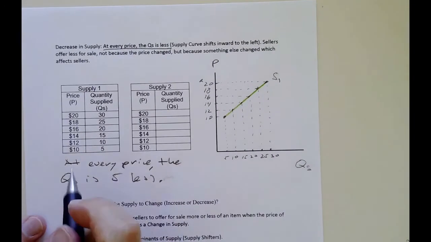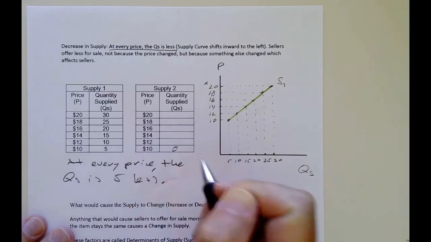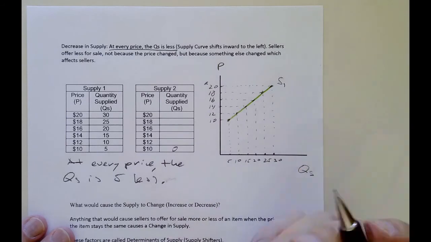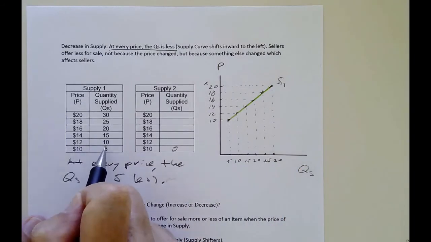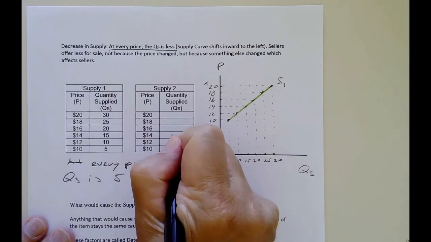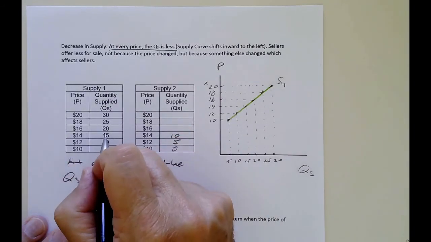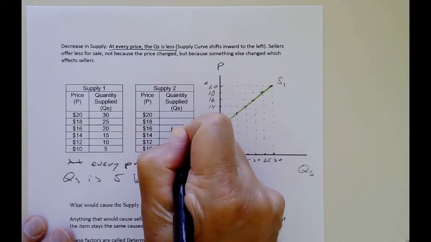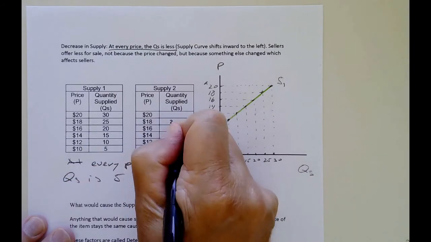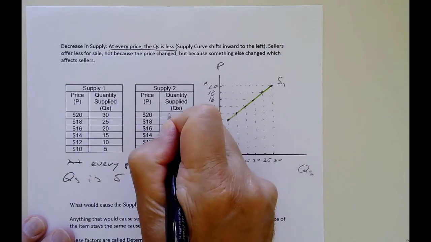So now at $10 used to be 5, now it's going to be 0. Something has happened which has made this item less profitable to produce maybe. At $12 it would have made 10, now they're going to be making 5. $14 used to be 15, now it's going to be 10. At $16 the quantity supplied used to be 20, now it's going to be 5 less, which is 15. At $18 the quantity supplied was 25, now it's going to be 20. At $20 the quantity supplied was 30, now it's going to be 25.